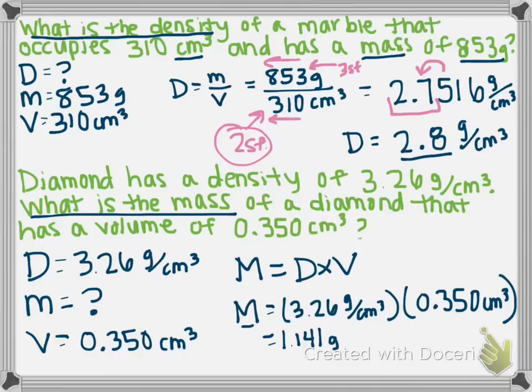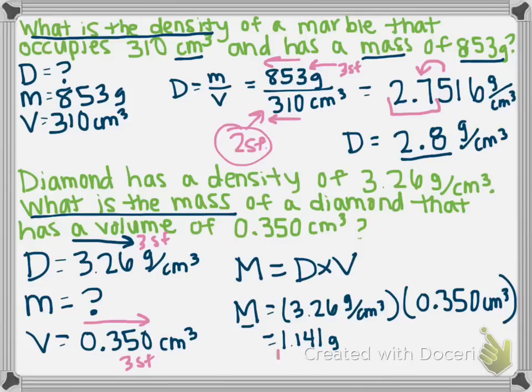But when I look back at my sig figs, I'm counting with a decimal, I'm counting in this direction. That first number, that density number, has 3 sig figs. And my volume, I'm also counting in this direction. This number has 3 sig figs as well. Okay, so I need the least amount. In this case, I need 3 sig figs in my final answer.